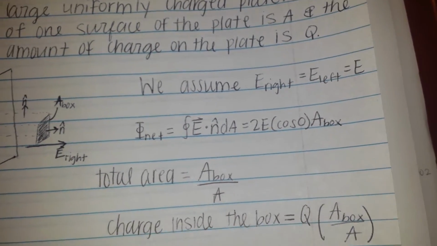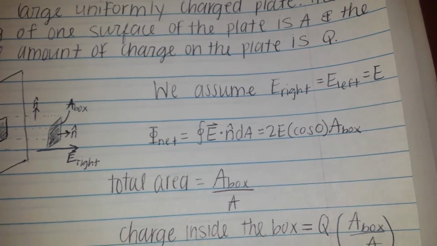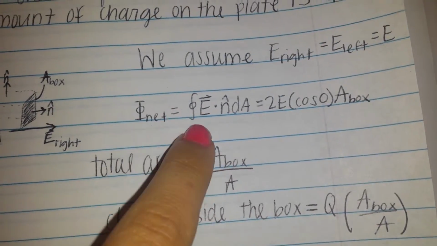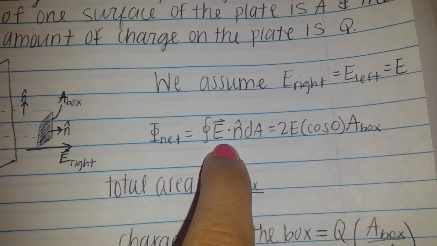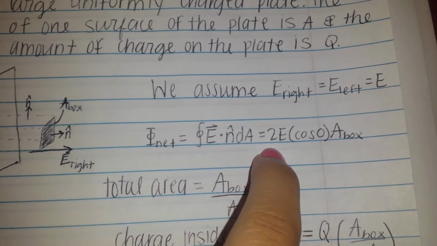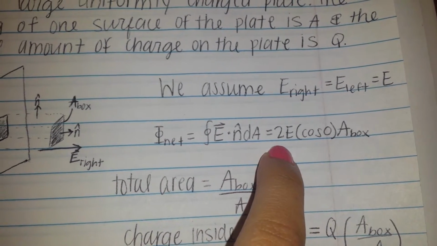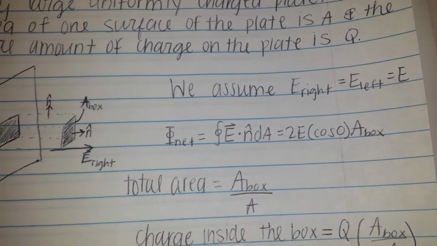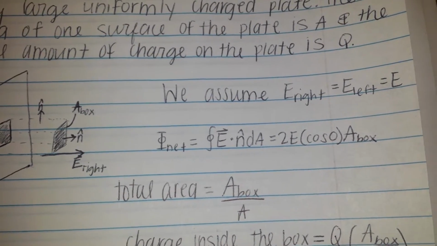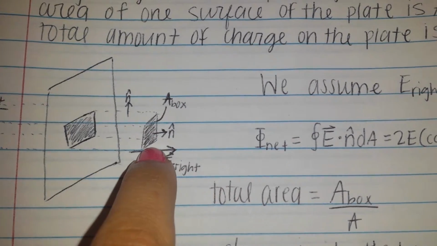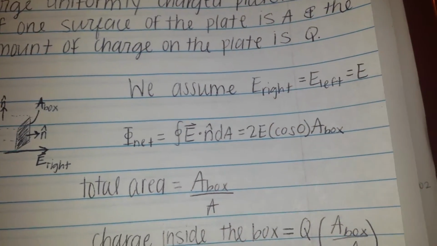that E. And so we're going to calculate the electric net flux by doing the regular calculation, E dot n hat dot dA. So since we have E to the right and E to the left, that's going to be 2E. We have a cosine of 0 since they're parallel, times A of the box, since that's our Gaussian surface.